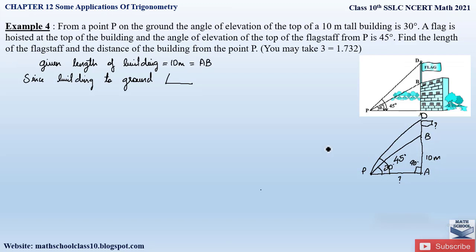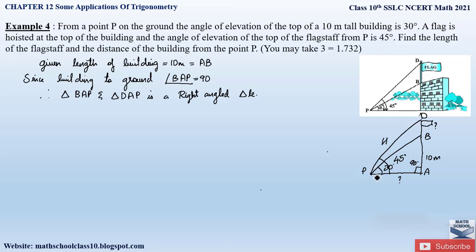So the angle BAP will be equal to 90 degrees. Therefore you can write triangle BAP and the bigger triangle DAP. Triangle DAP is a right angle triangle. Now since the triangles are right angle triangles, the hypotenuse will be BP and DP.